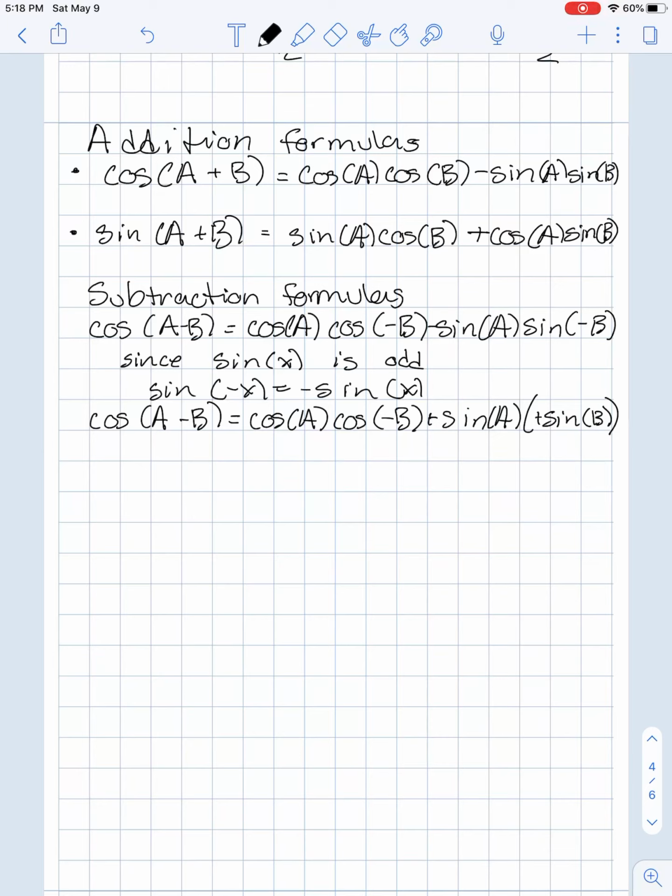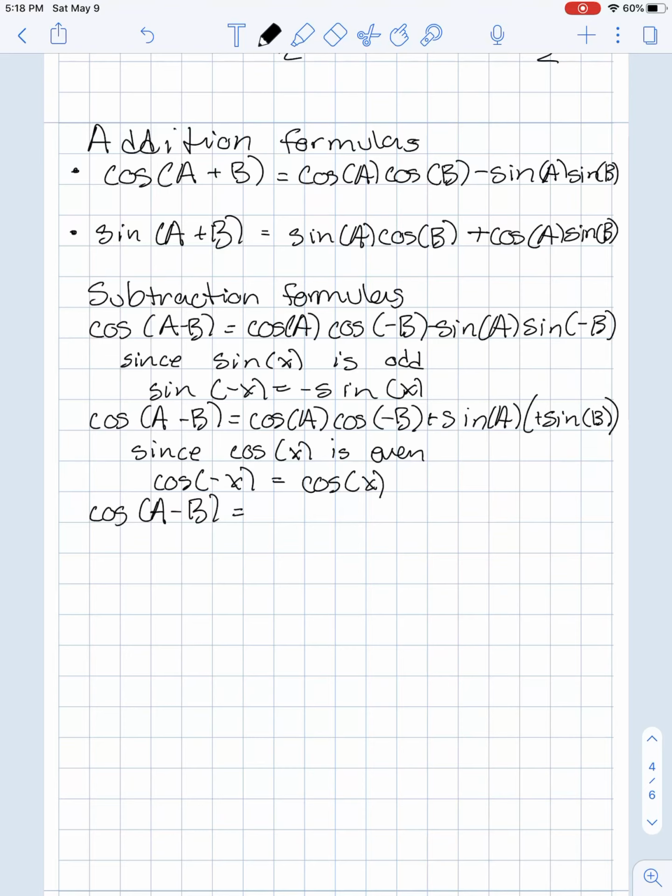What about cosine? I didn't actually show you guys the graph of cosine, but cosine is even. So since cosine of x is even, that means that cosine of negative x equals just cosine of x.